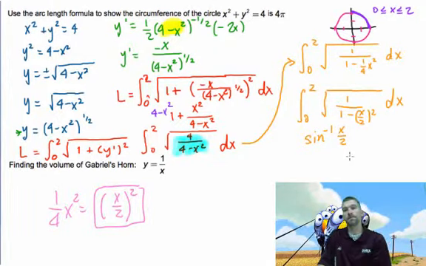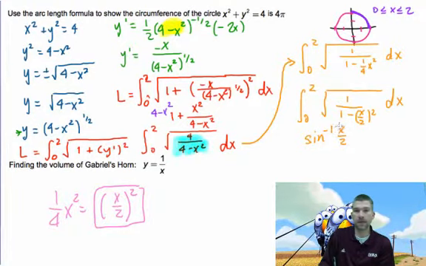And what I want to do is find the total length of everything now. I need to keep in mind that I'm doubling all of that. So I'm going to have a 2 in front, and I'm evaluating it from 0 to 2.